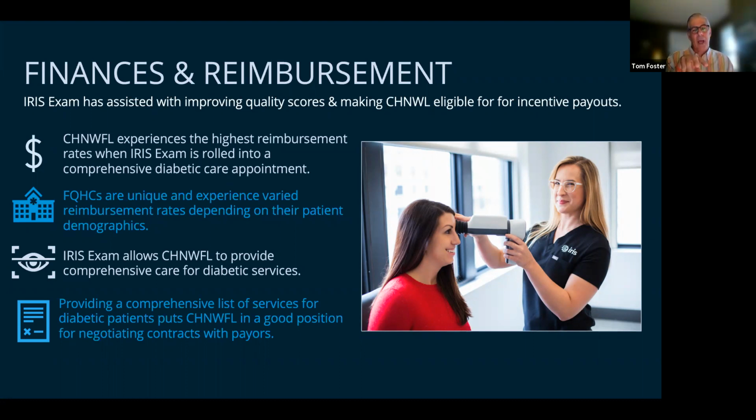Another area is, in general, quality scores being improved. And Chandra kind of mentioned this in her organization.